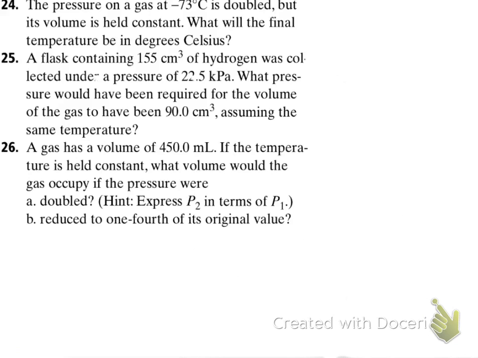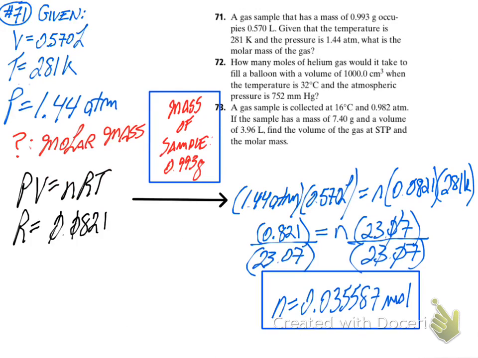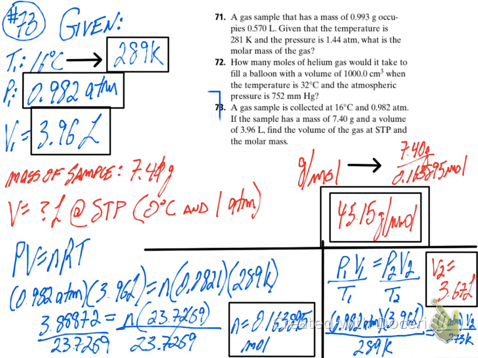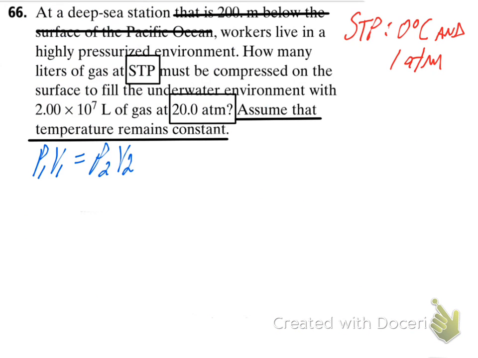The reason why we're going to use Boyle's Law is we're comparing initial conditions of pressure and volume to final conditions of pressure and volume. We're trying to figure out how many initial liters. So we're not solving for V2, we're actually solving for V1. A little bit different, but, you know, so be it.